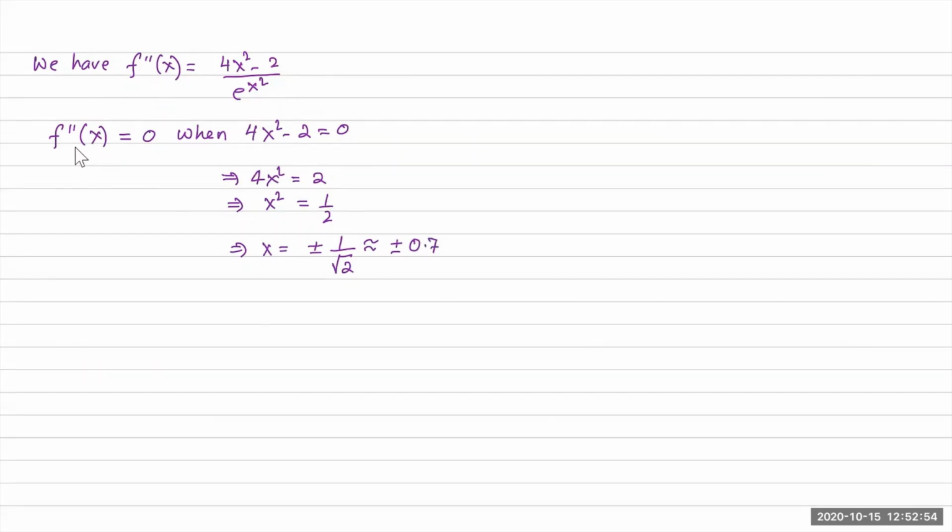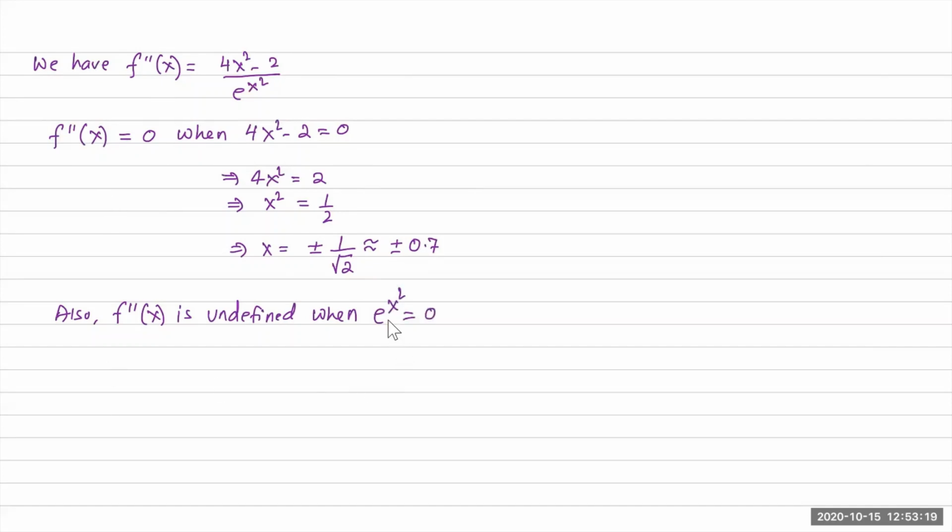Now that is the first case. Second derivative will be 0 when the numerator is 0. Also, second derivative is undefined when the denominator is 0. e to the x squared equal to 0.